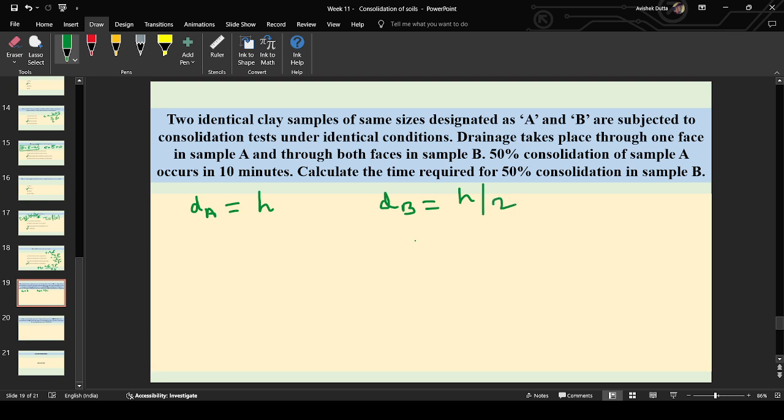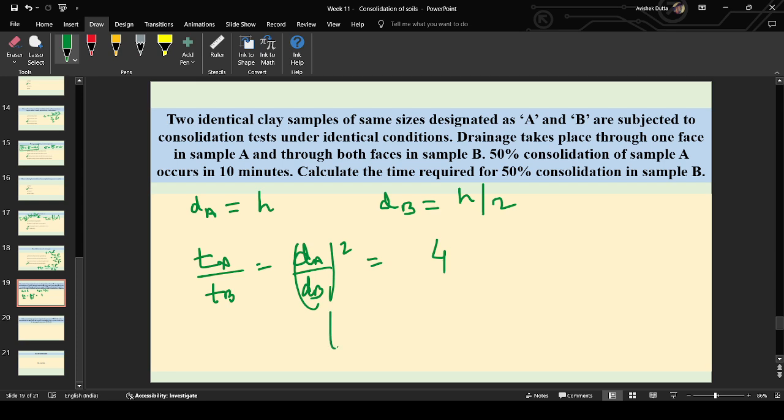Now, all the other factors remaining constant, tA by tB will be equal to how much? dA by dB whole square, and that gives us how much? 4, isn't it?